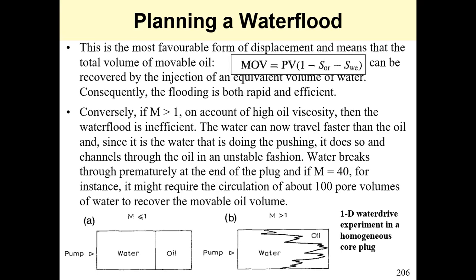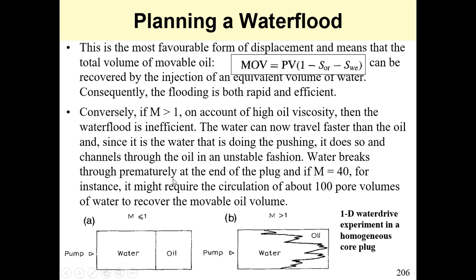Conversely, if your M is greater than 1 on account of high viscosity, then your water flood is not efficient. The water can travel faster than the oil, and since it's the water doing the pushing, it does so and channels through the oil. In fact, that's why I put these diagrams. And it does so in an unstable fashion.